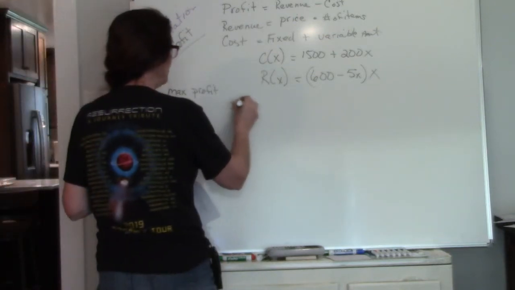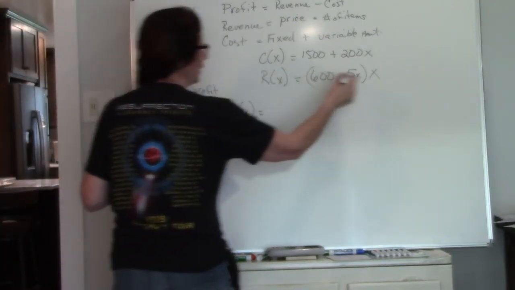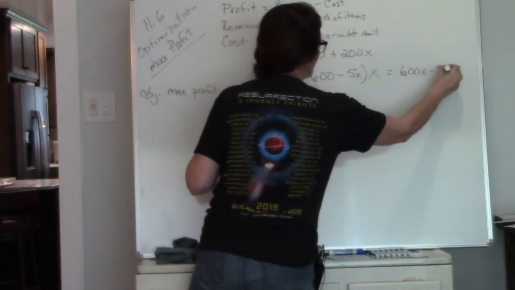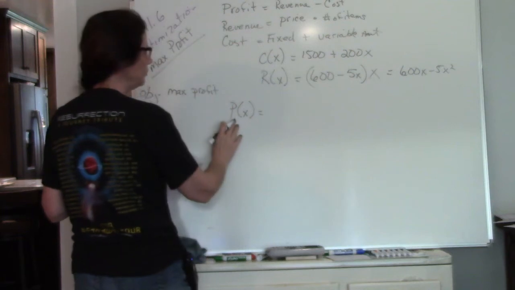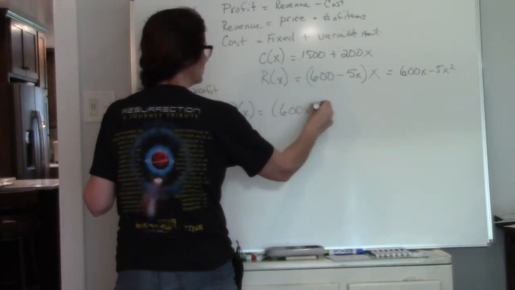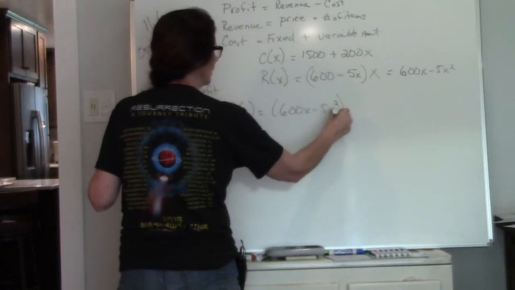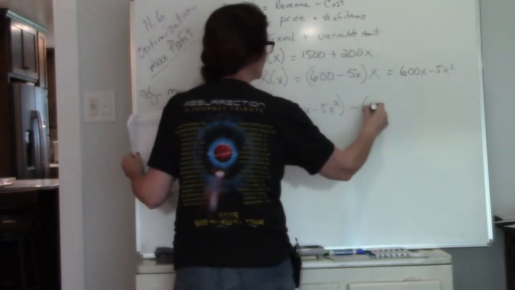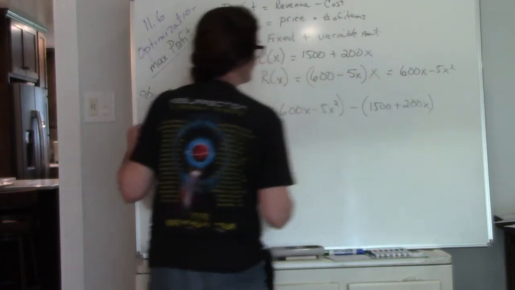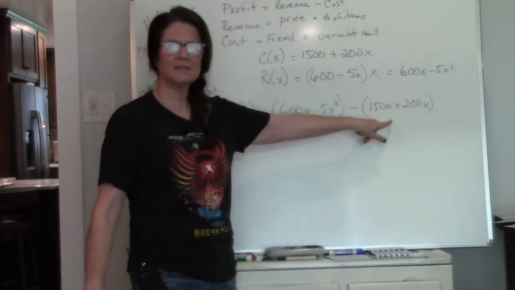So to find profit, I'm going to distribute this x through. So we have 600x minus 5x squared. To find profit, we take our revenue function and subtract off our cost function. This minus sign with parentheses is key.